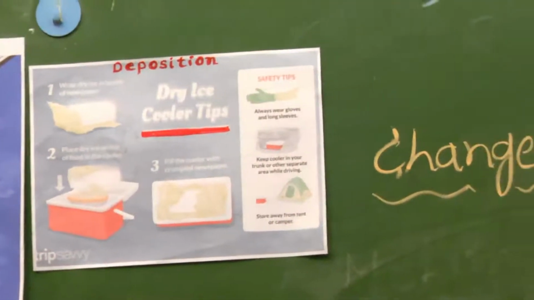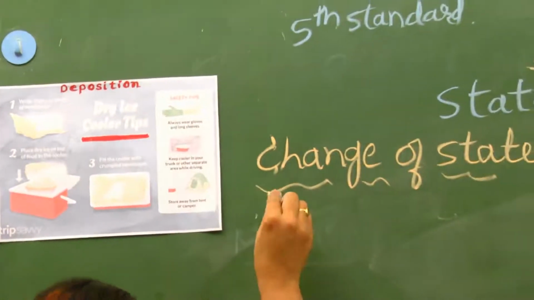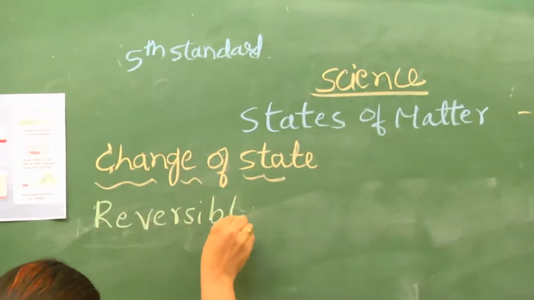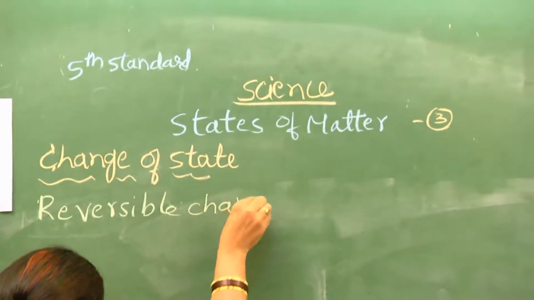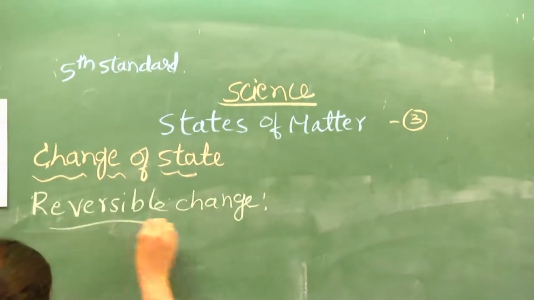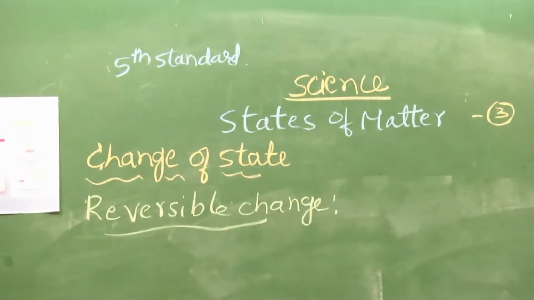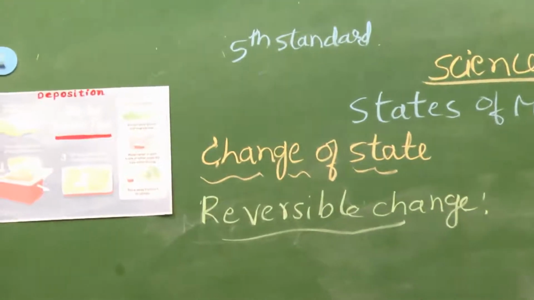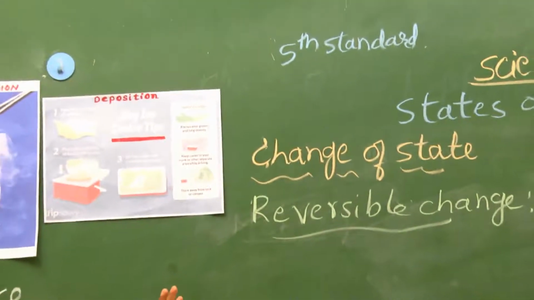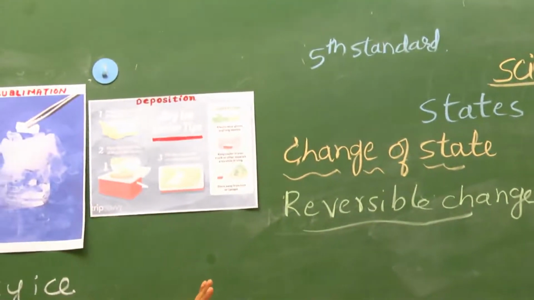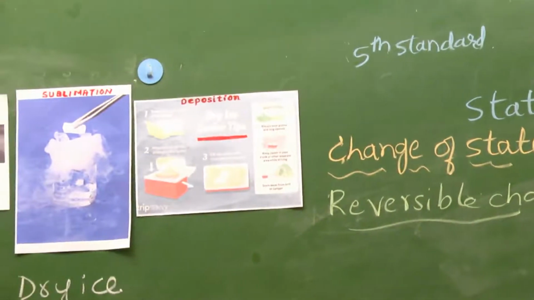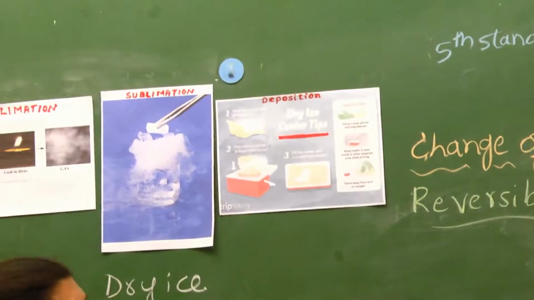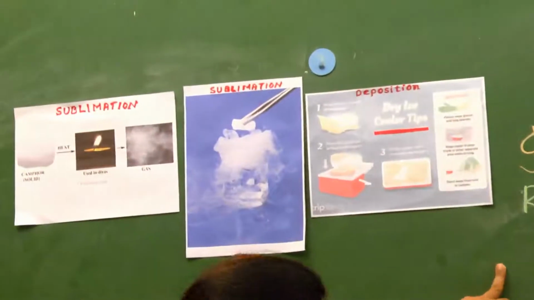First, the reversible change. What changes do we consider in the states of matter? Some changes are reversible. That means after changing the substance, we can get the substance back again. That is called reversible change.